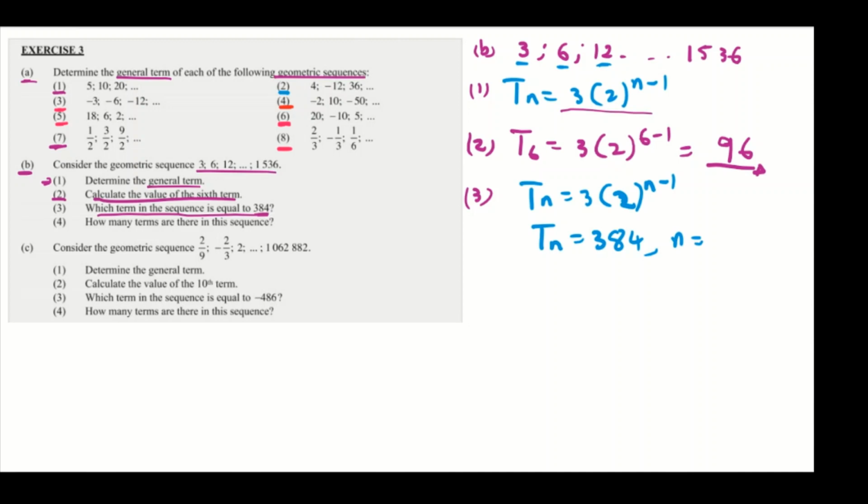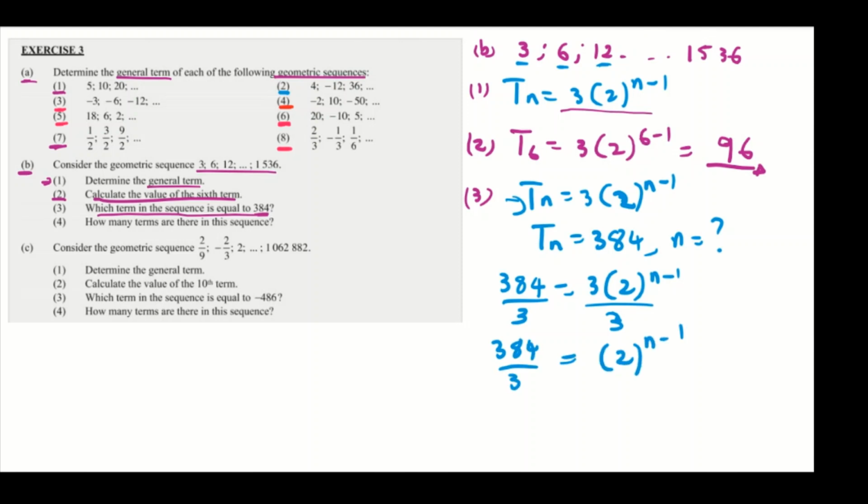So what is n? You're going to say 384, substitute it here, equals 3 into 2 to the power of n minus 1, and then we're going to divide by 3 on both sides. So it's 384 over 3 equals 2 to the power of n minus 1, and then you're going to get 128 equals 2 to the power of n minus 1.